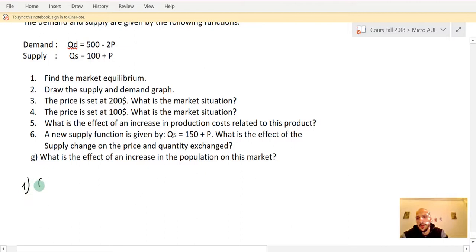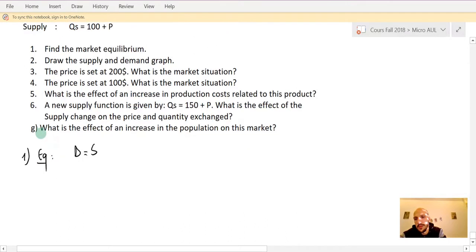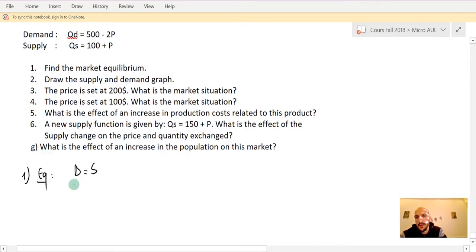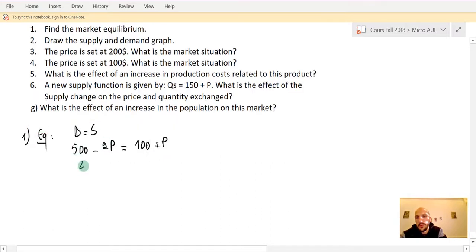First of all, find the equilibrium. This is the first question. So here we have demand equals supply, and we will copy the demand and supply. Here, 500 minus 2p equals 100 plus p.